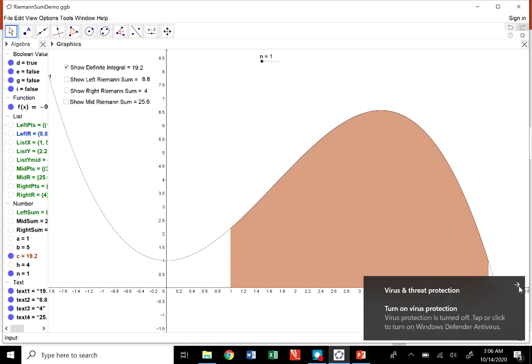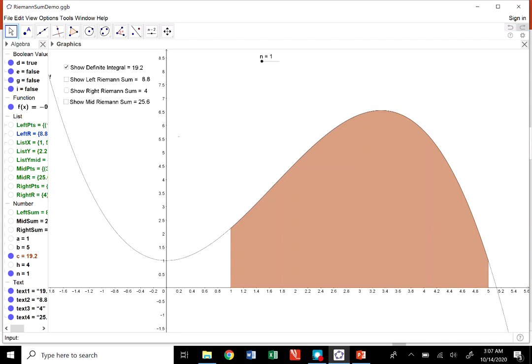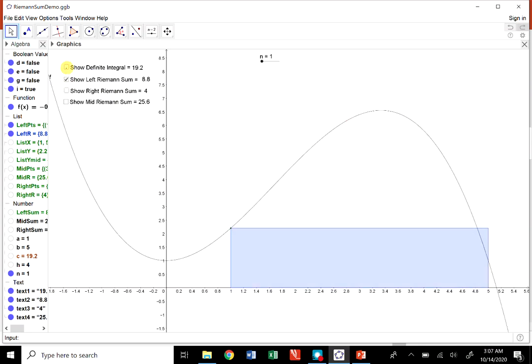So, what if we were to just approximate this with one rectangle? Our intention is to find the area under the entire curve. However, what if I were to split this interval 1 to 5 into just one subinterval only and construct a rectangle?